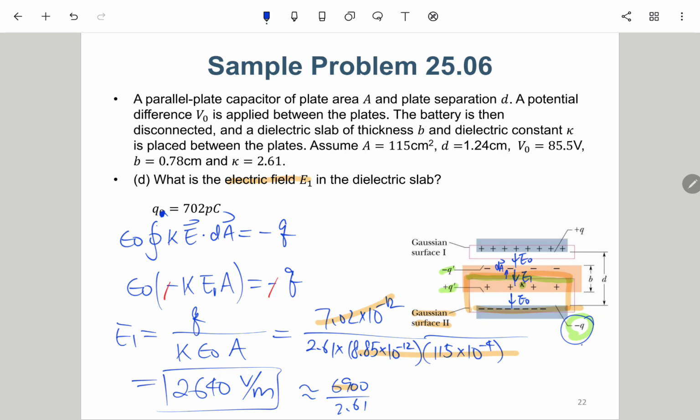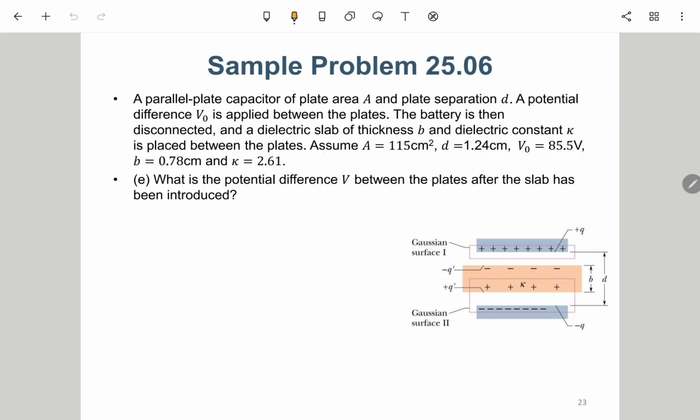Finally, question E asks what is the potential difference V between the plates after the slab has been introduced. Here we do the line integral from the negative plate all the way up to the positive plate. This is the initial point, this is the final point.